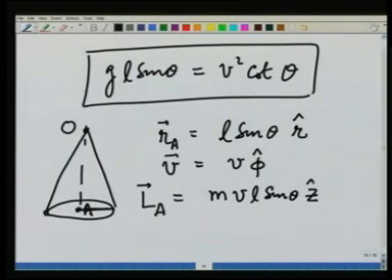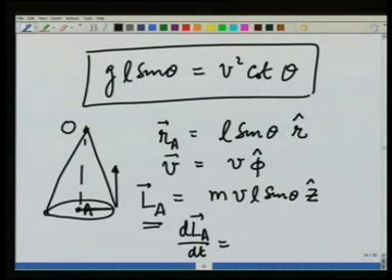You see, when I take angular momentum about point A, only the vertical component remains. The horizontal component has vanished, and therefore when I take dL_A/dt, everything on the right hand side is constant, and therefore this comes out to be 0.